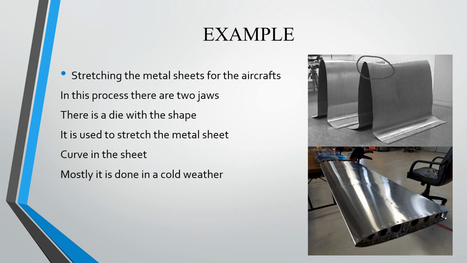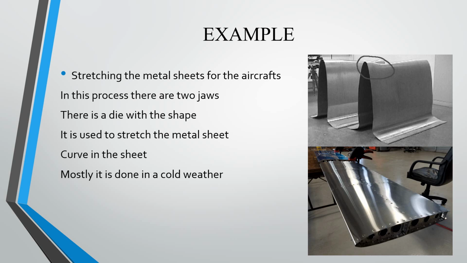The press table starts to go up, and the jaws hold the metal sheet, and the metal sheet starts to deform its shape until it arrives at the specific shape of the die. So mostly it is done in cold weather.